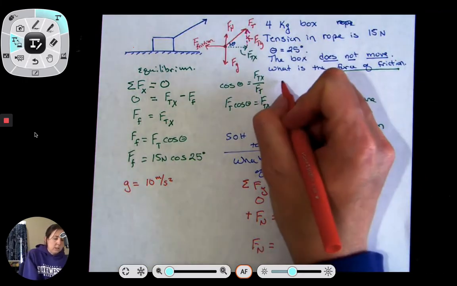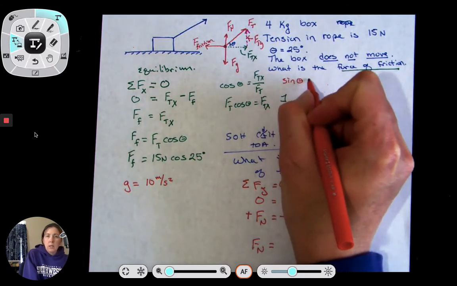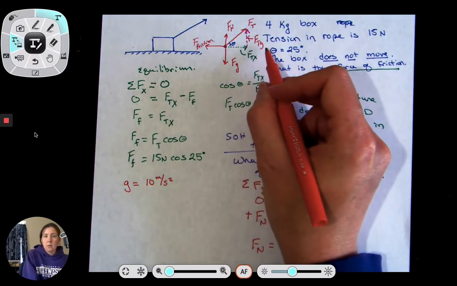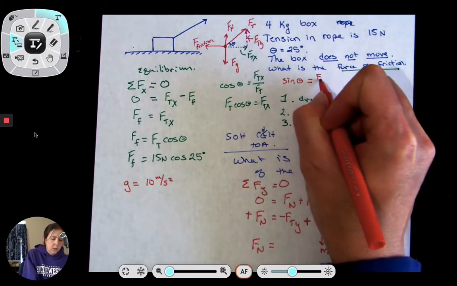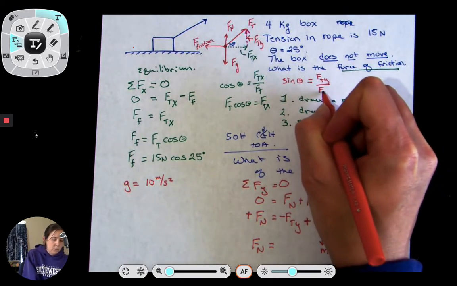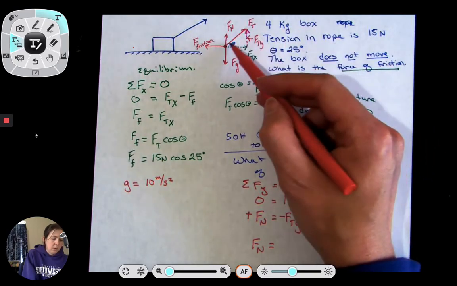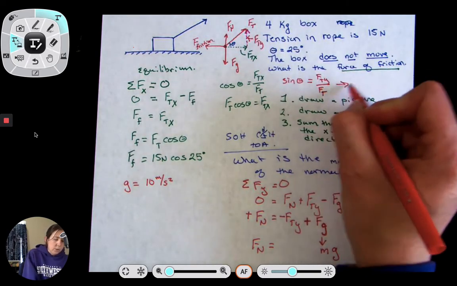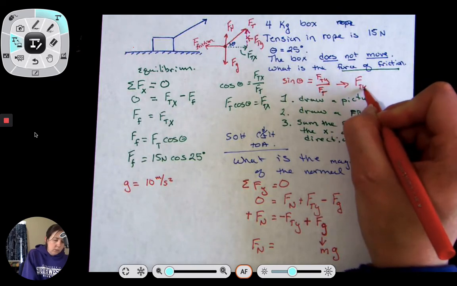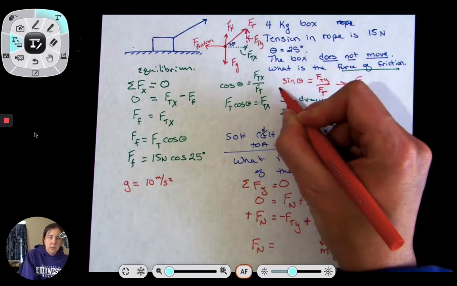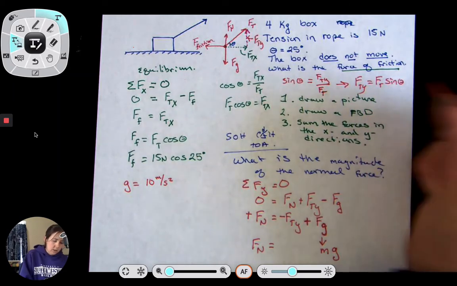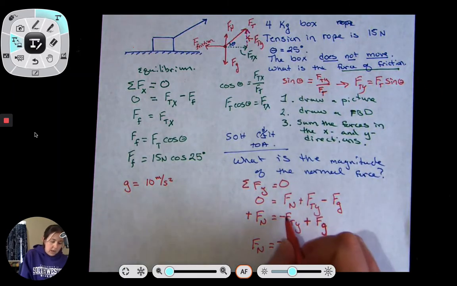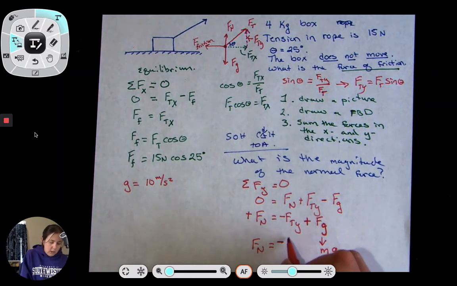So I'm going to take the sine of theta is my opposite, the force of tension in the y direction, over my hypotenuse. Remember, my hypotenuse is the force of tension. So the force of tension in the y direction, if I multiply this across, is just going to be F_T sine theta. So this is going to be negative, the negative comes down, F_T sine theta.